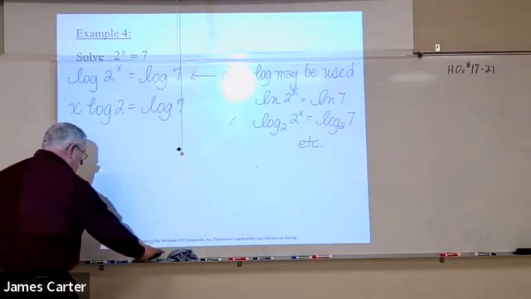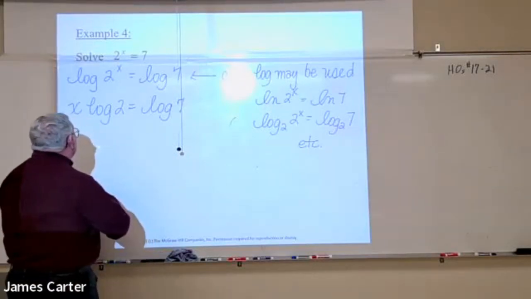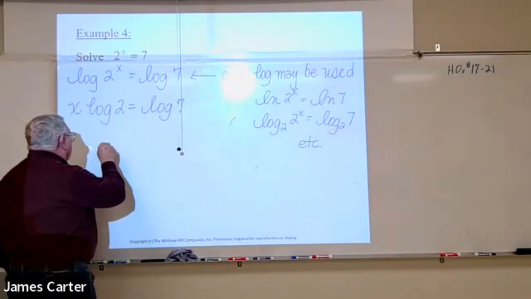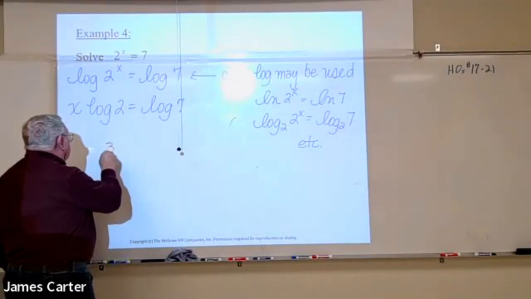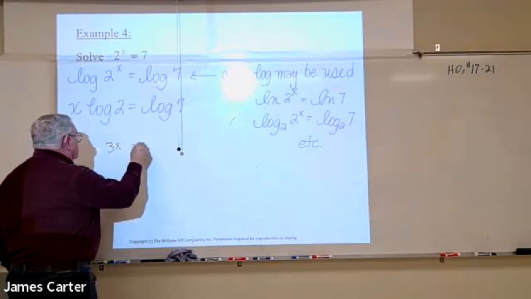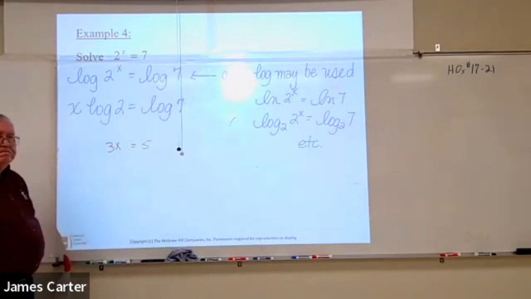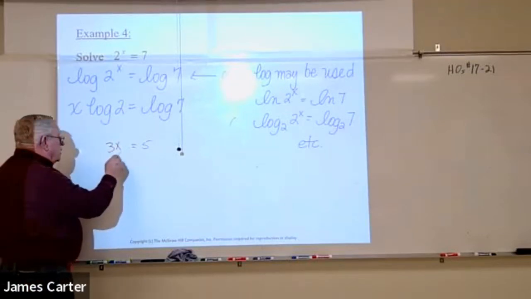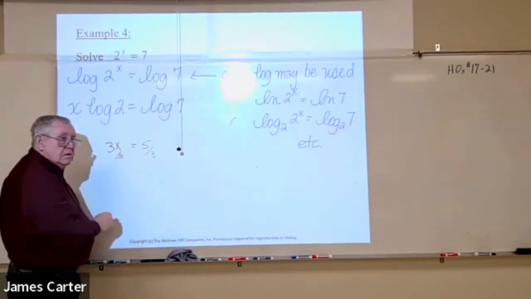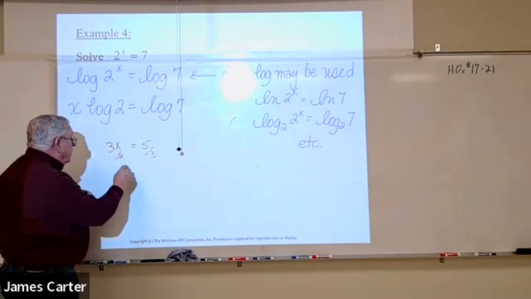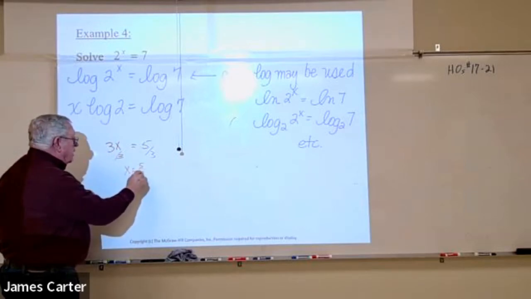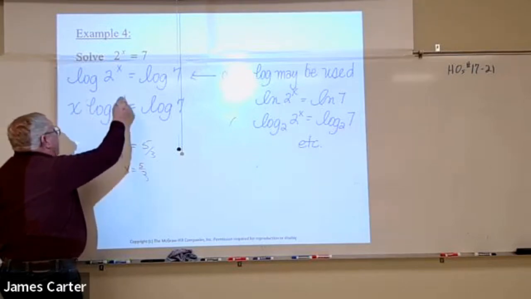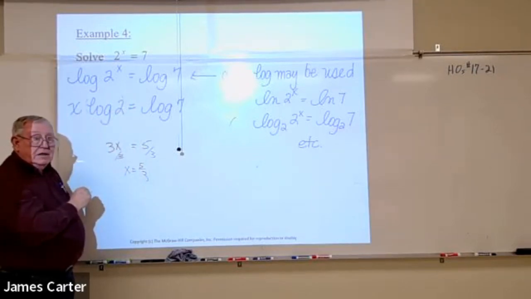Okay, let me ask you this question. What if you had 3x equals 5? What would you do? You would divide both sides by 3, right? And you would get x equals 5/3 in this case. Well, we've got x times that.